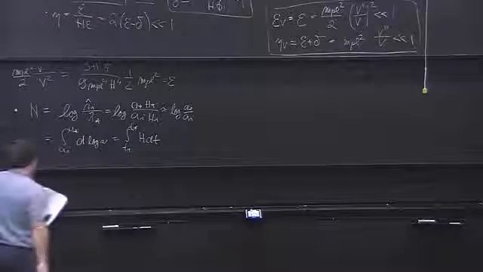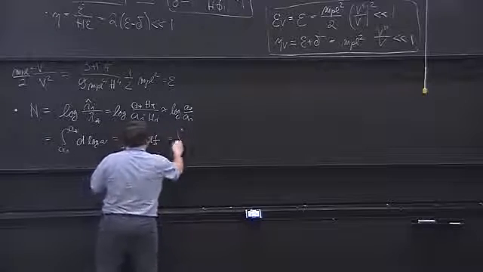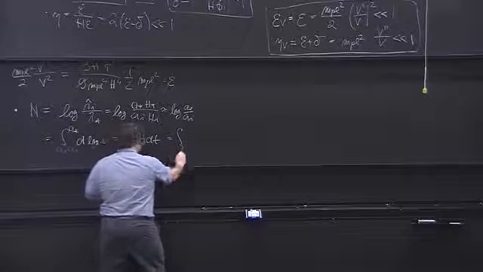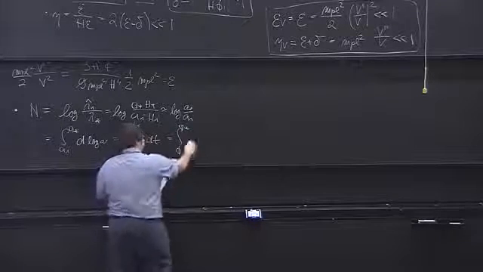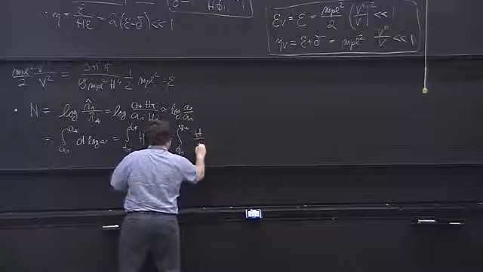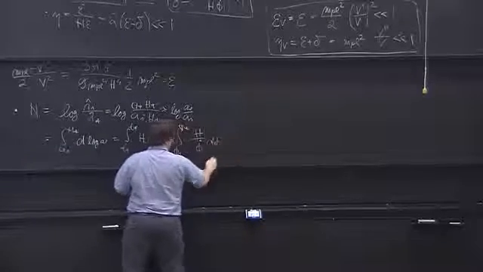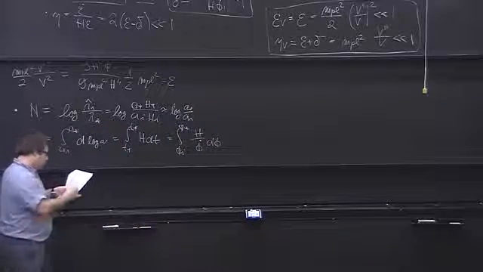Okay, so now I can turn this into an integral over the field phi, from phi_i to phi_star, of H over phi dot d phi, just the chain rule.